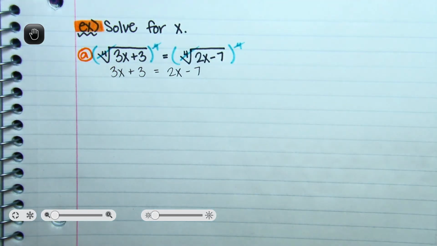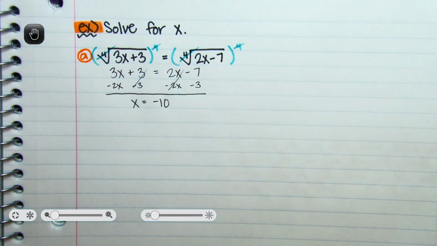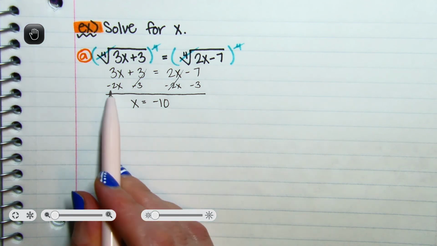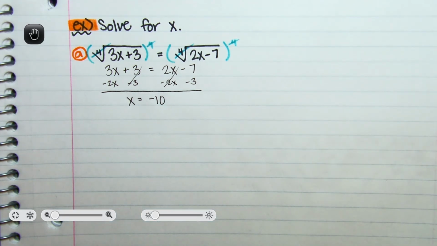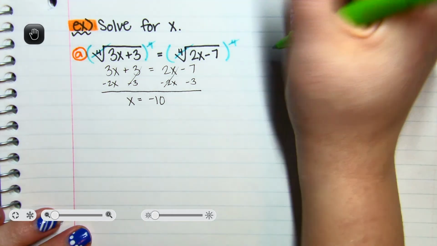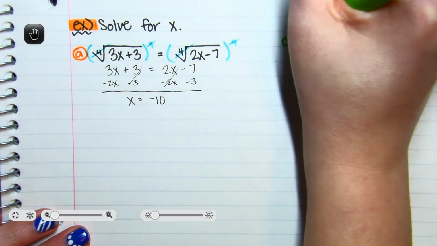Now go ahead and push pause and finish solving for x, and then push play when you're ready to check. All right, you should have gotten negative 10. Now I did this all in one step, getting my x's by themselves on the left and moving the constant over to the right. You may have done it in two separate steps, which is totally fine. All right, but we still need to check this.